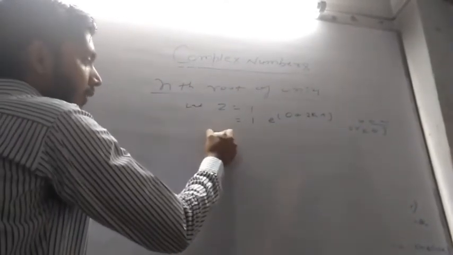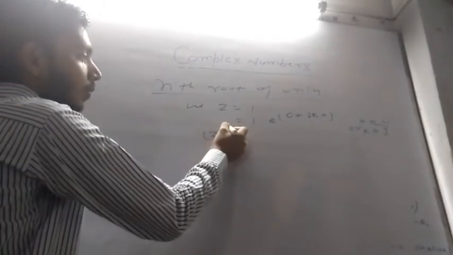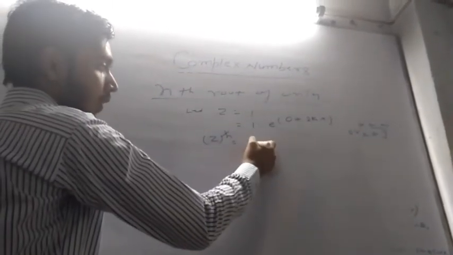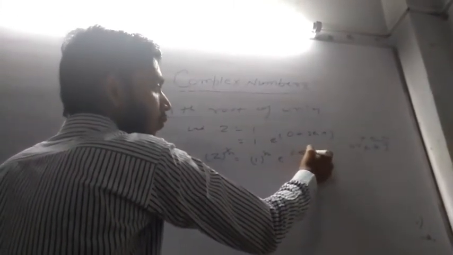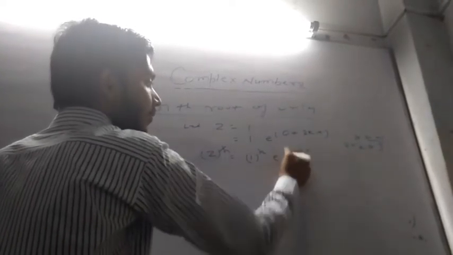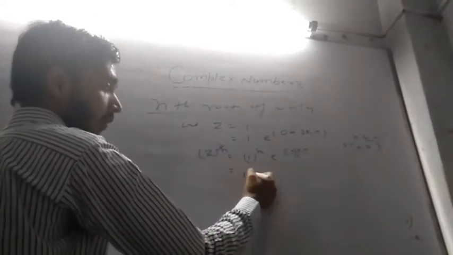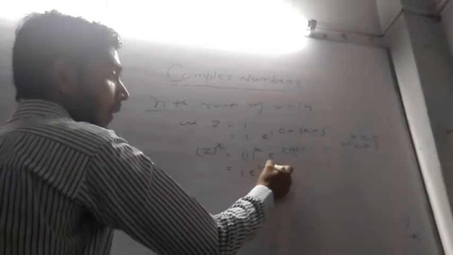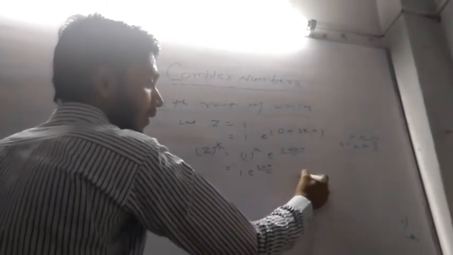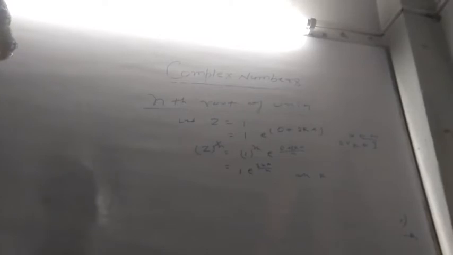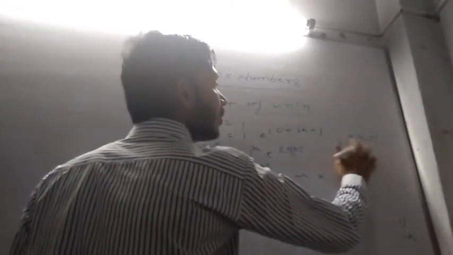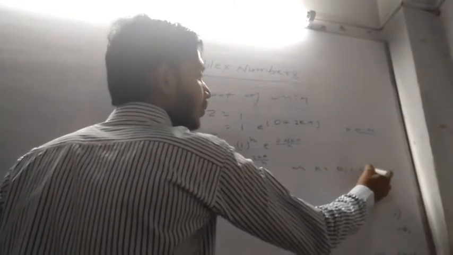So z to the power 1/n is equal to 1 to the power 1/n and e to the power i(0 + 2k pi)/n. Now you can write 1 into e to the power 2k pi i by n, where k is equal to 0, 1, 2, up to n minus 1.